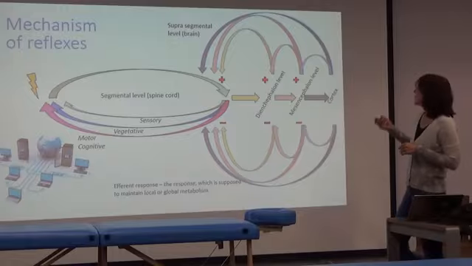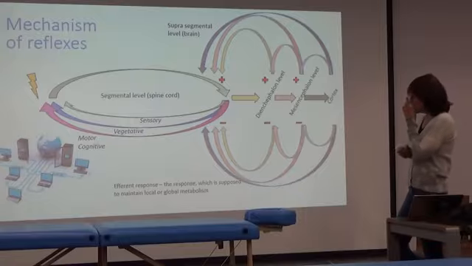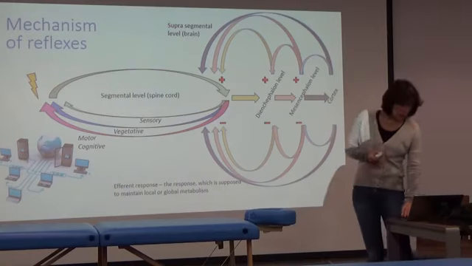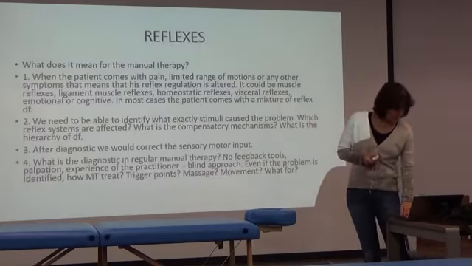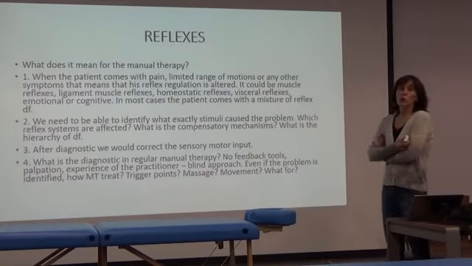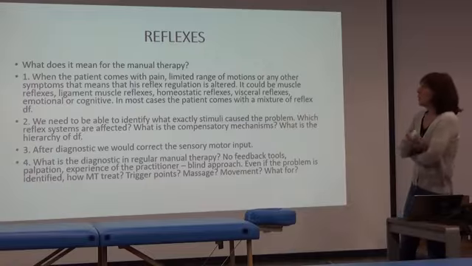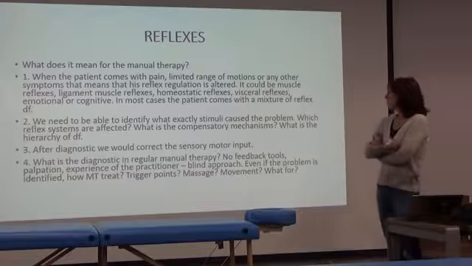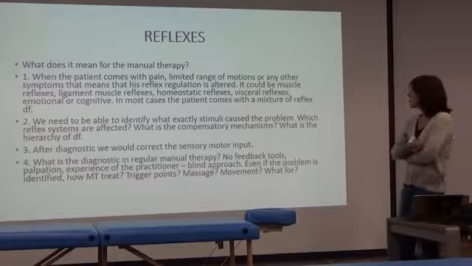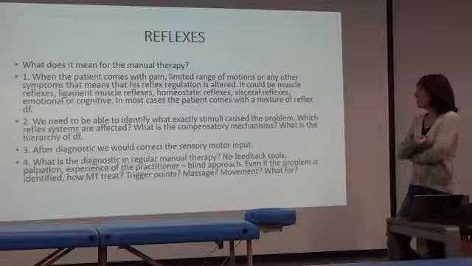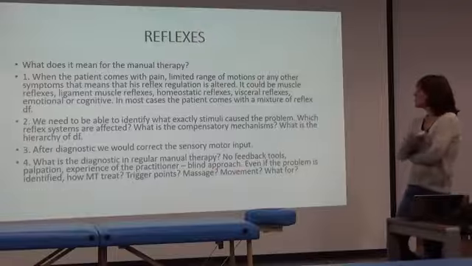It could go to the encephalon, the mesencephalon, and finally reach the cortex. So it's much more complicated. So what do the reflexes mean for manual therapy? What is the connection? When the patient comes to our office with pain, with limited range of motion, or with any other symptoms, that means that his reflex regulation is altered.